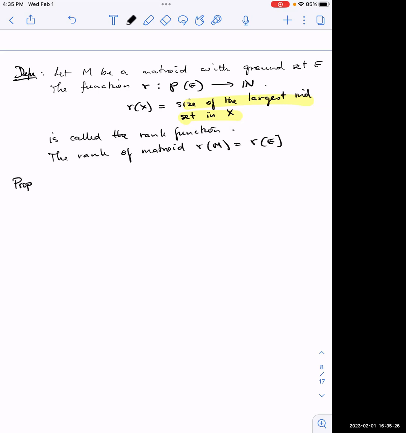So first thing we'll do is, how are we doing on time? Let E be a set and R be the rank function. We're going to do the rank axioms.